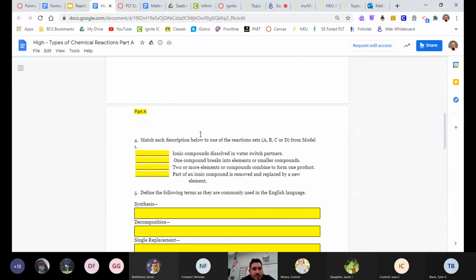All right, so this one says match each description below to the set A, B, C, or D. So you should only get one letter in each blank here. It says: ionic compounds dissolved in water switch partners. One compound breaks into elements or smaller compounds. Two or more elements or compounds combine to form one product.